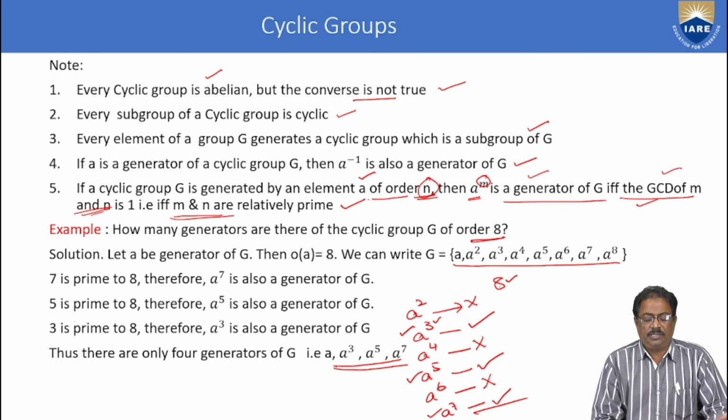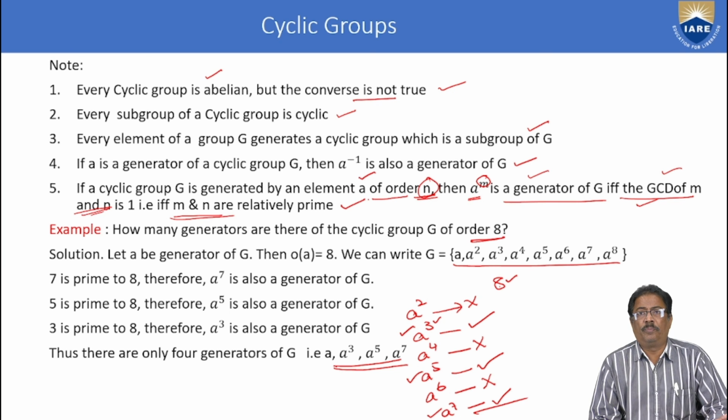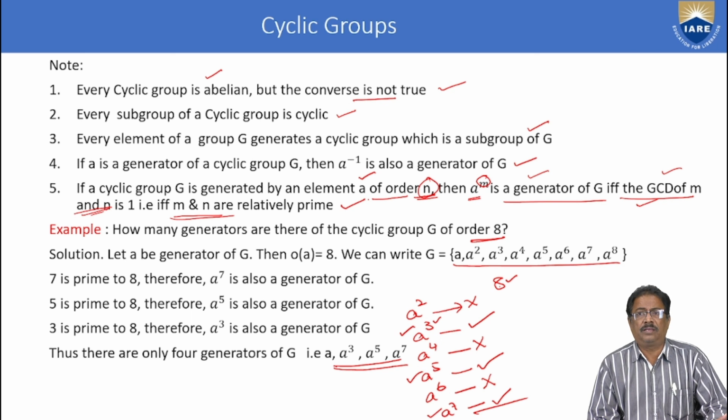So if G is a cyclic group whose order is given, and they are asking us to find all the possible generators, we are going to take A to the power of M and check whether M and N are relatively prime or not. If they are relatively prime, then A power M is also another generator.